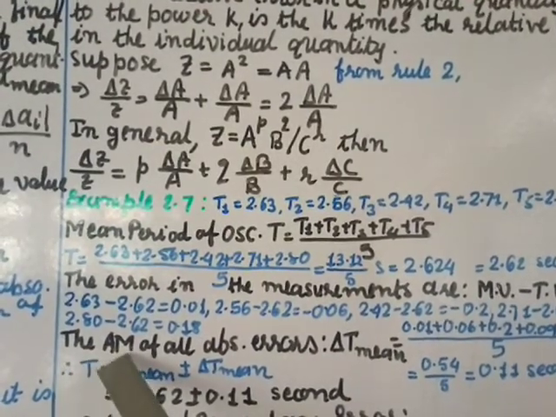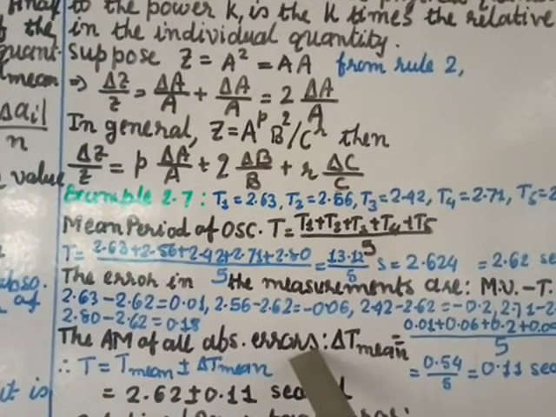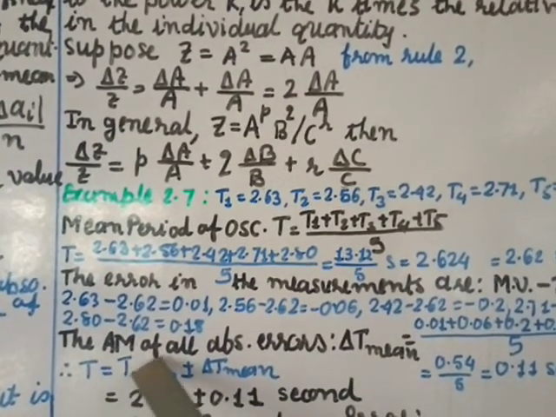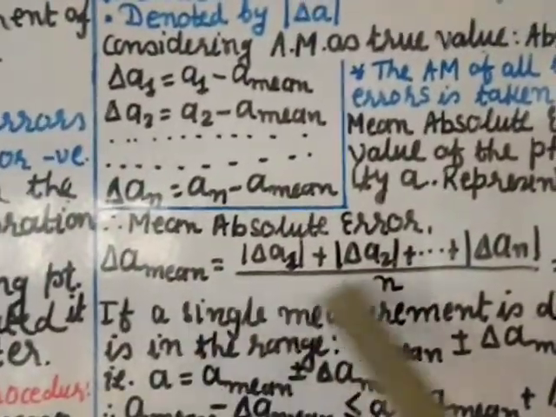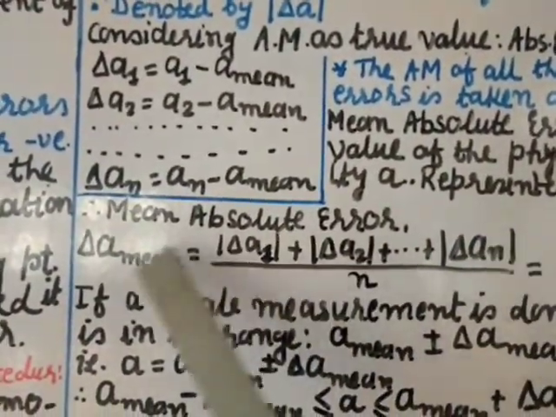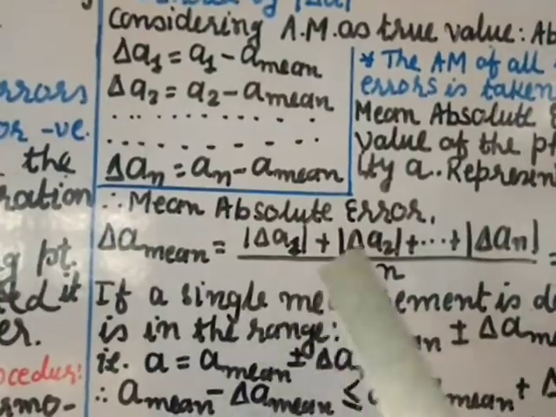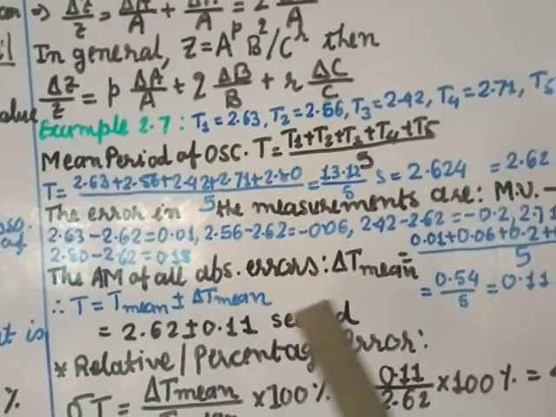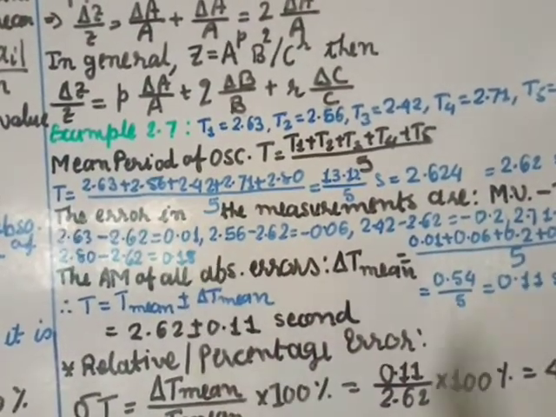Now the arithmetic mean of all absolute errors is given as delta T mean. So without the negative sign, we have to take the average. I am going to take all these values but only with the positive sign.